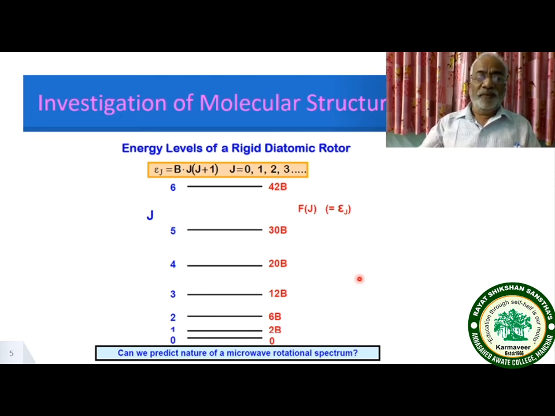You will find here the separation distance between the lower rotational energy states is smaller, while the separation distance between the higher energy states is greater. In other words, the separation distance goes on increasing for higher and higher rotational energy states.